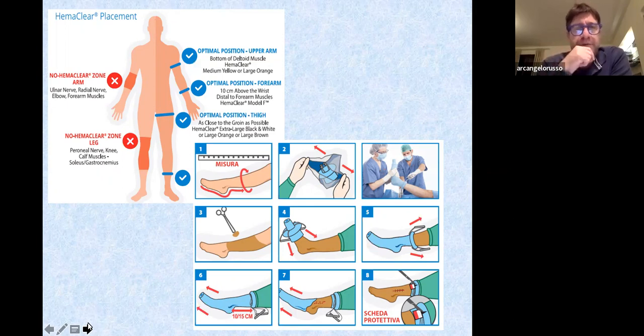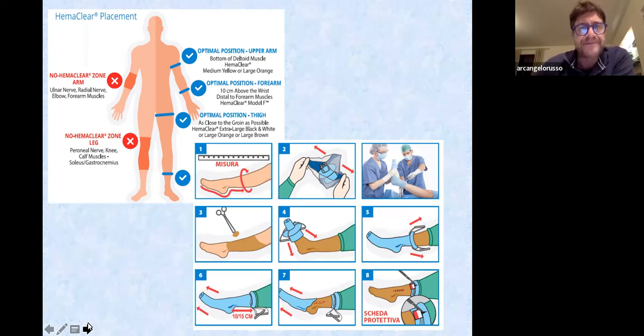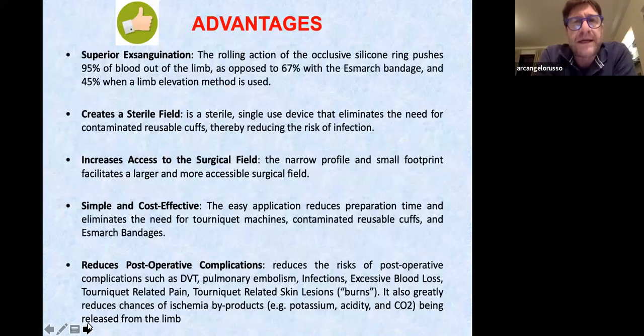The blue position is the optimal one on the arms or on the legs. And we can choose the right size of the device using simple measurements. Which are the advantages?